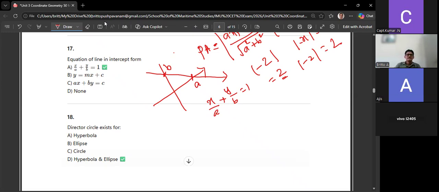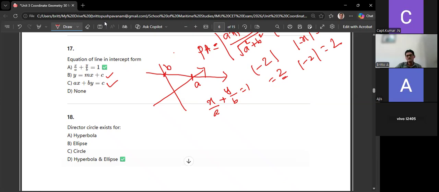So the equation of a straight line in intercept form is x by a plus y by b equal to 1. They have given other options also: y equal to mx plus c is a standard form of equation of a line, and ax plus by equal to c is another way of writing the equation of a line. Both are equations of a line. But the equation of a straight line in intercept form should be x by a plus y by b equal to 1.